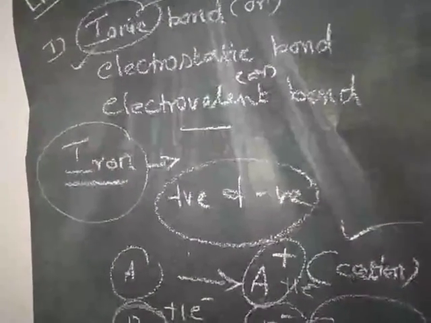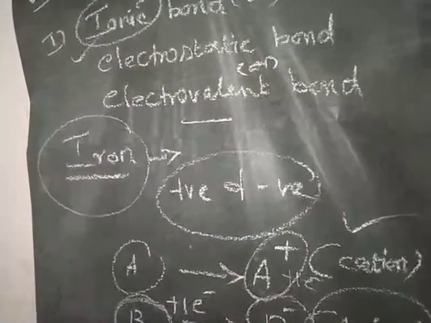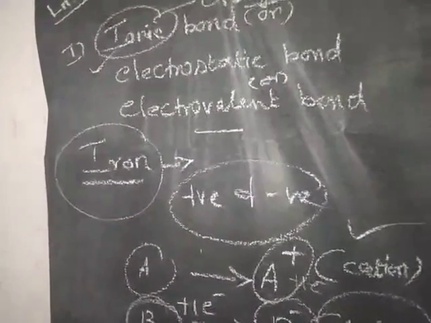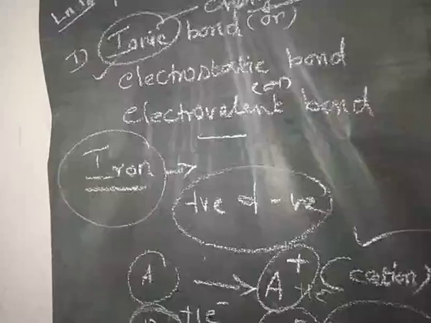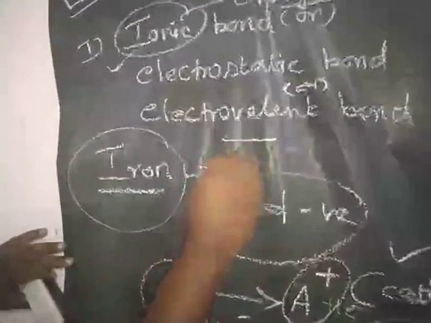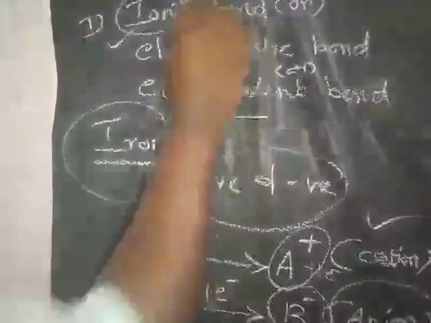What is meant by electrovalent bond? It is the same definition explained from a different angle: the valence concept and the octet rule, the rule of 8, are explained clearly here. So this bond is called the electrovalent bond.